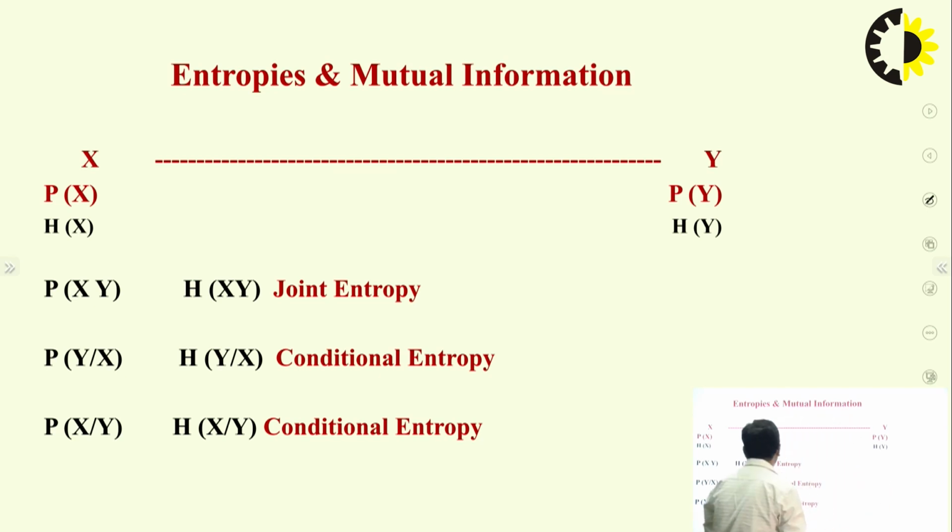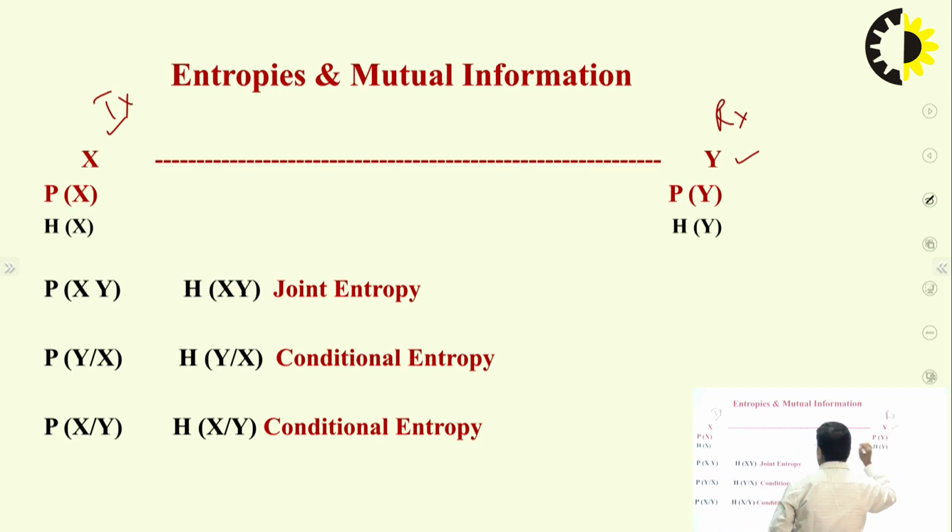If I take the random variable x for the transmitter and random variable y for the receiver, then for the transmitter some source symbols are there and their probabilities will be P of x, the probability matrix for the random variable x.